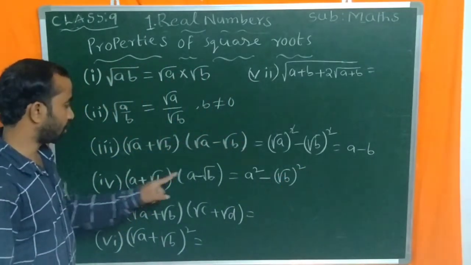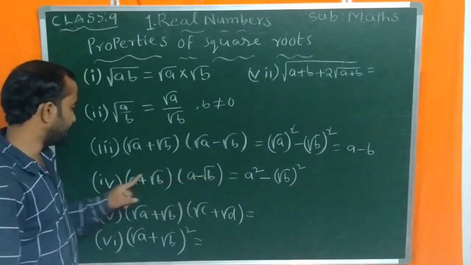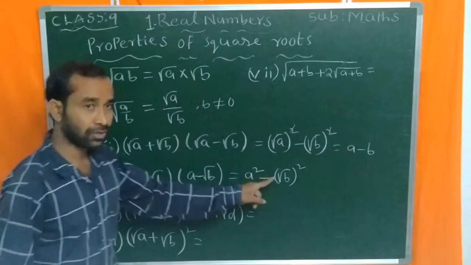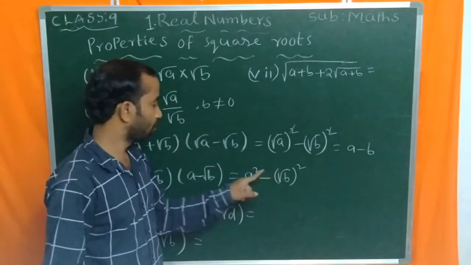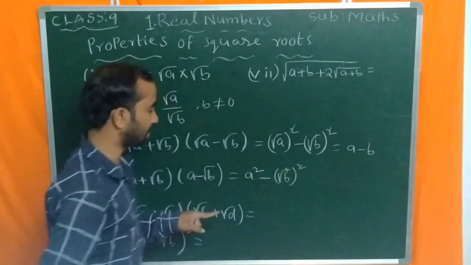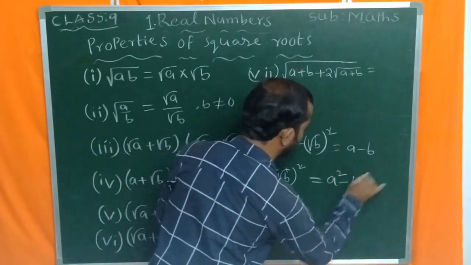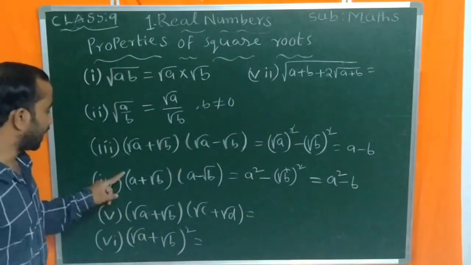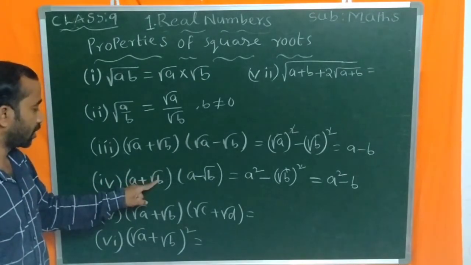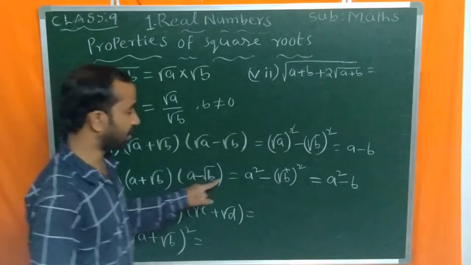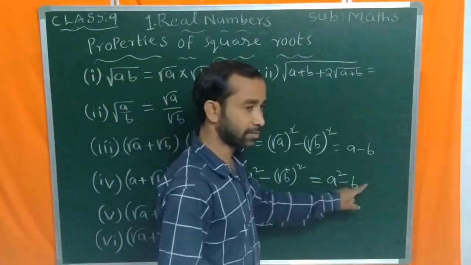Are you understanding? The square and root get cancelled, so here it is a square minus b. So a plus root b into a minus root b equals a square minus b.